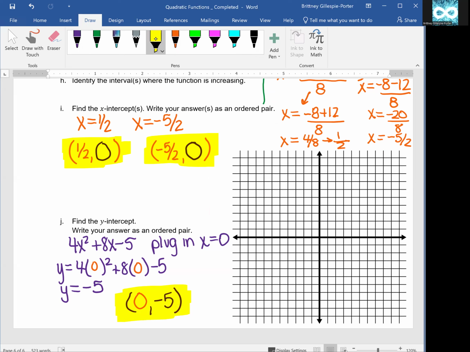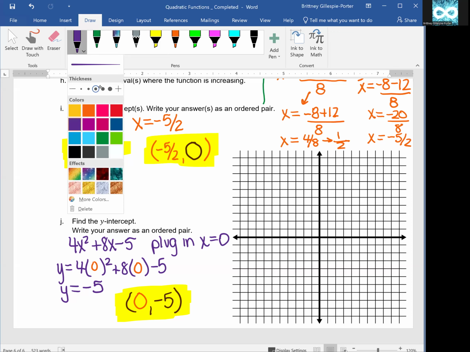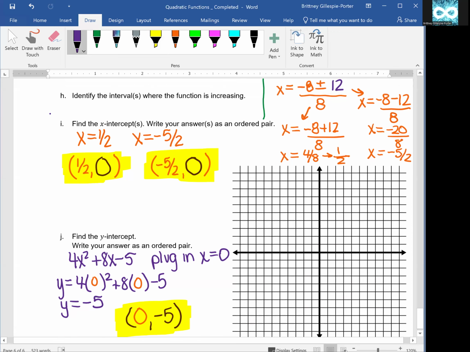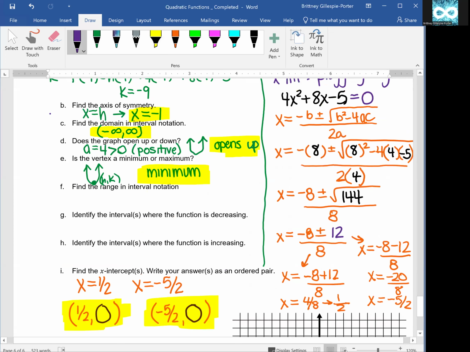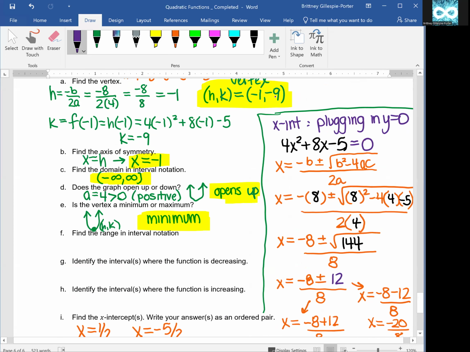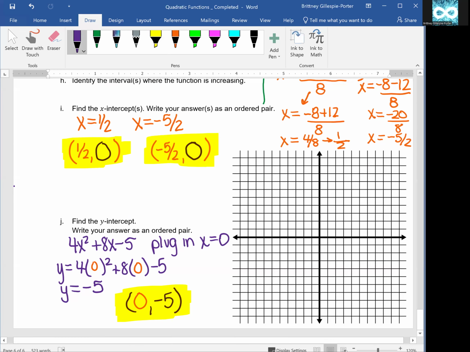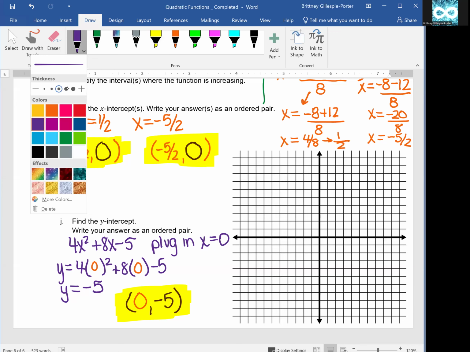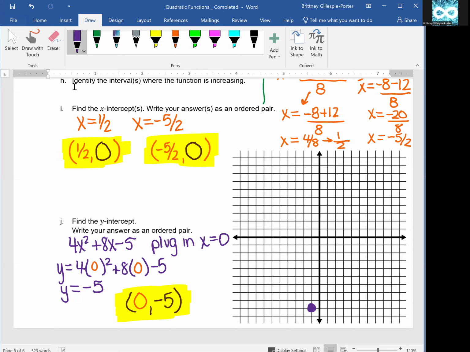Let's go ahead and graph this, and then we'll deal with the increasing, decreasing, and all of that wonderfulness. We had our vertex, if I scroll back up. Our vertex was -1, -9. It's going to be down here.